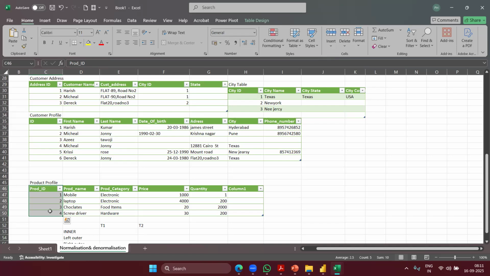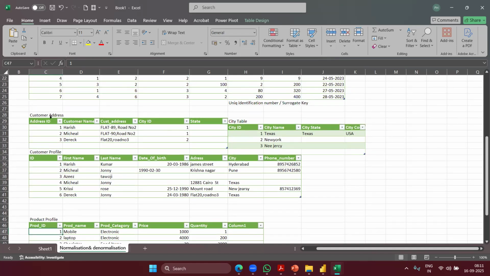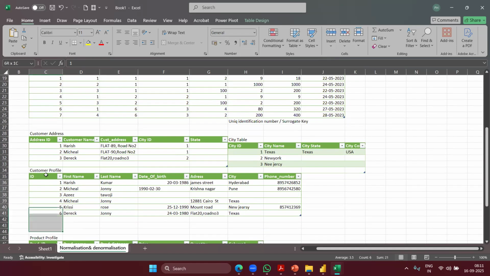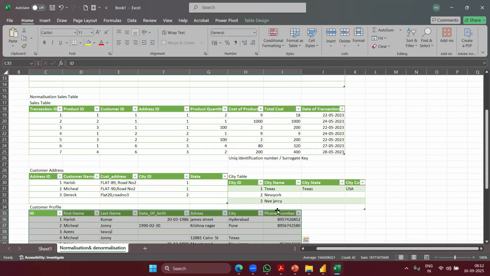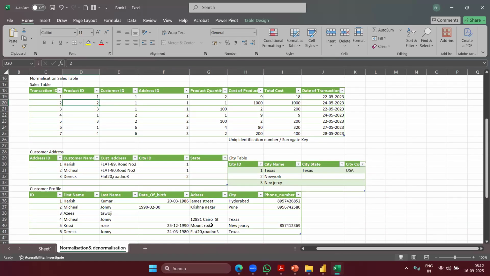Same thing here also. When you are capturing product information or customer information, we give them a unique identifier and we call it a primary key. This primary key can be used in the fact table to get the required information.